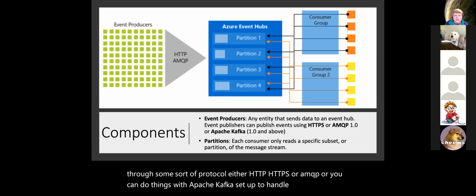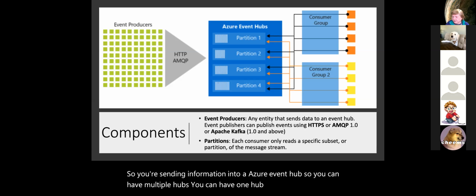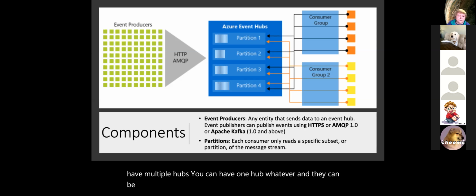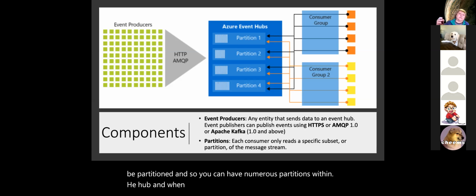So you're sending information into an Azure event hub. You can have multiple hubs or one hub, and they can be partitioned, so you can have numerous partitions within a hub. And when you have these partitions, they will be consumed or read by a consumer group.